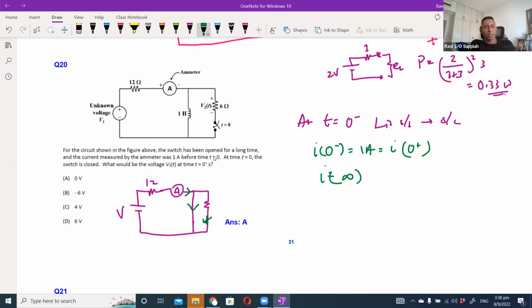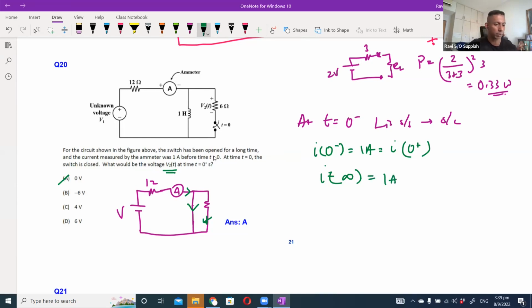It will bypass the 6 ohm resistor. So if it bypasses the 6 ohm resistor, basically there's no current flow. So if there's no current flow, the voltage drop across the 6 ohm resistor will be 0 volt. Because for any short circuit branch, the voltage drop is always 0. So the current at infinity is still the same.